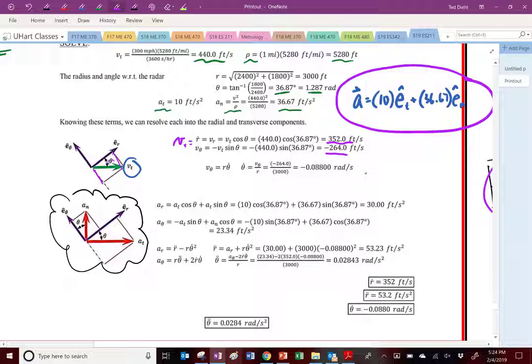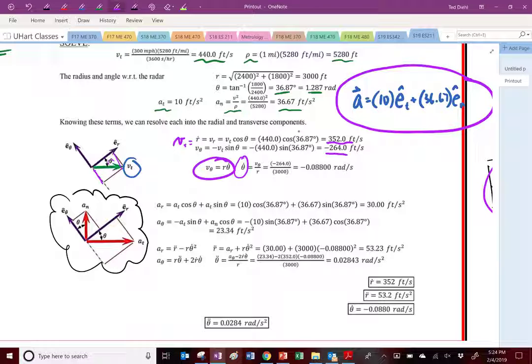So now I'm actually able to write those out. And from this, I know that this V_theta is r theta dot. And from that, therefore, I'm able to find what theta dot is. So you can see we're proceeding through logical steps, trying to figure out all the different components and their contributions and where they came from.